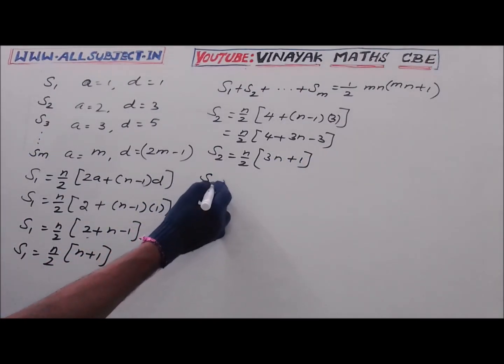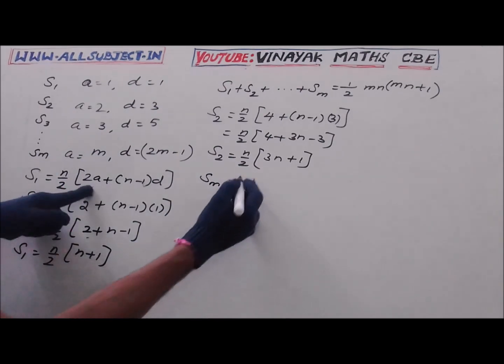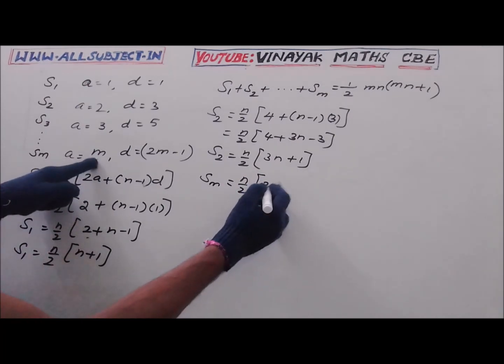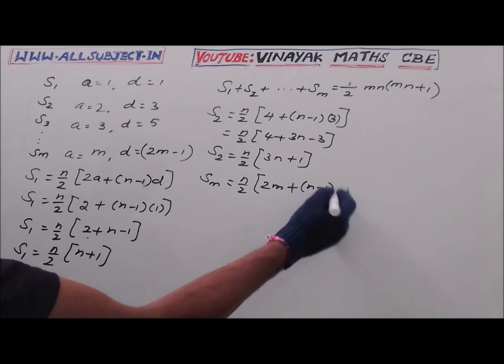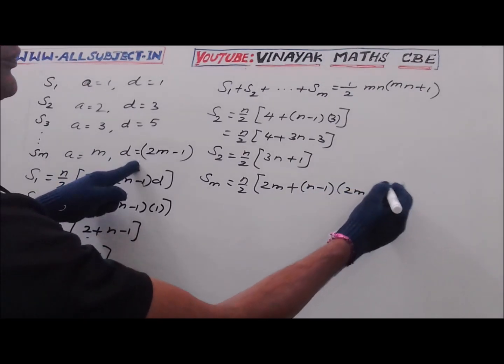Sm equals, substituting in the formula, n by 2 into 2a, which is 2m, plus (n minus 1) into d, which is 2m minus 1.